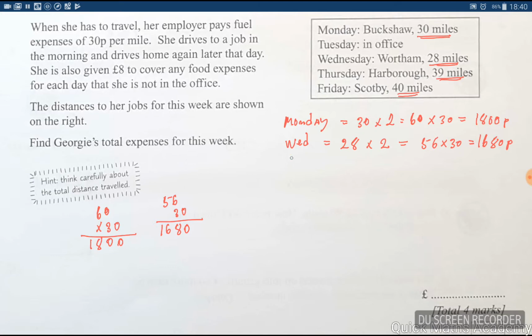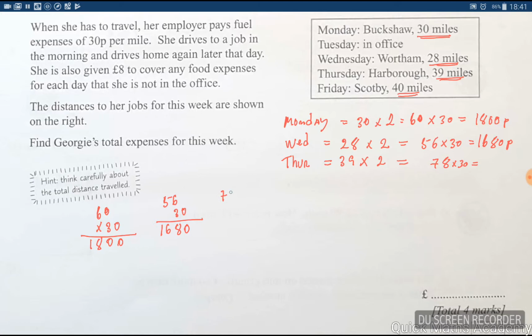Okay, this is Wednesday. Now Thursday. We will have 39 miles, again times 2, and that is 78 miles. Now let's see how much is 78 times 30p.